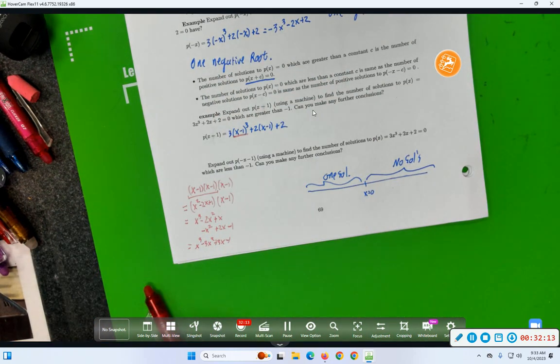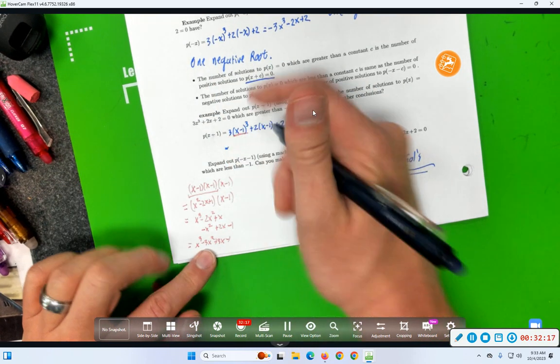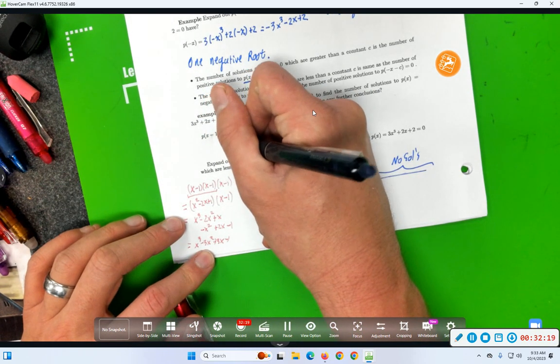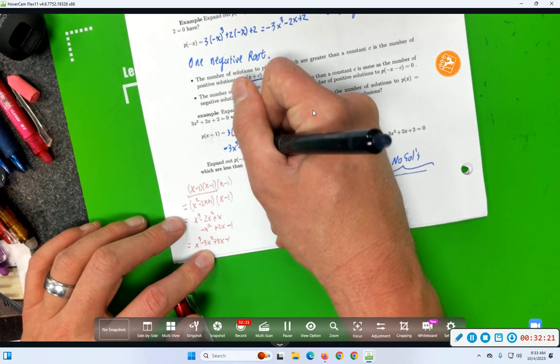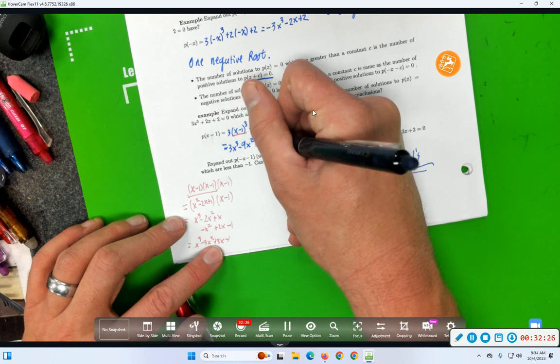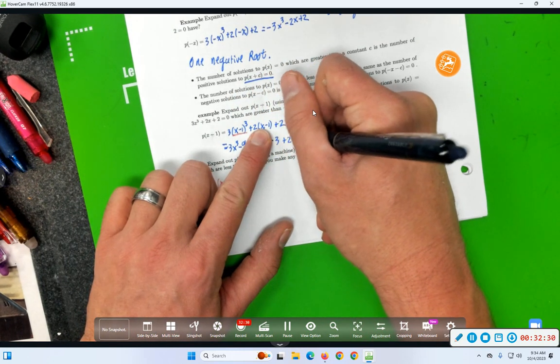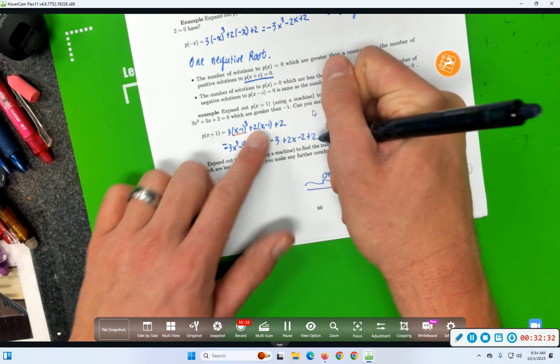All right. So that means this is 3 times that: 3x cubed minus 9x squared plus 9x minus 3 plus 2x minus 2 plus 2.